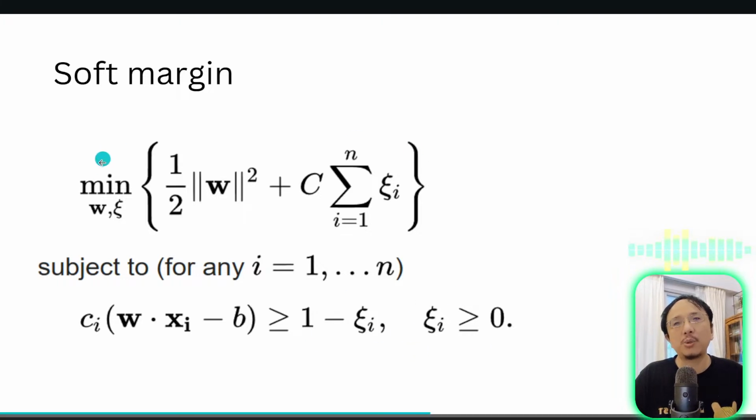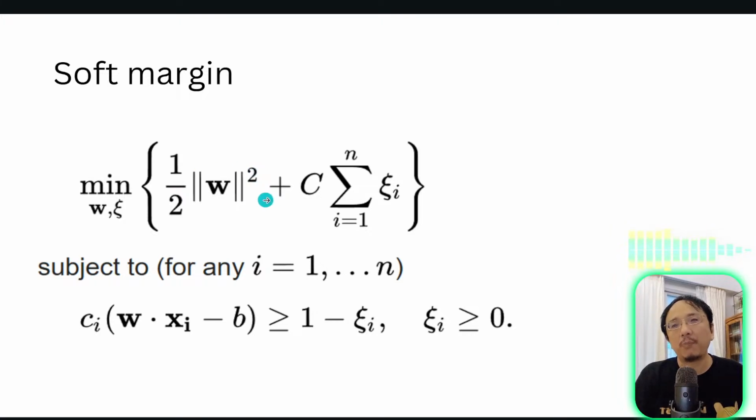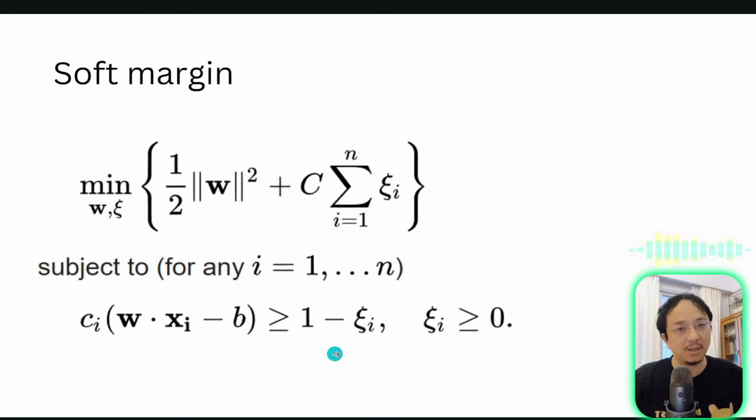So instead of minimizing the norm of W directly, we minimize this norm plus the penalties: if some samples do not follow the constraint strictly, that's okay, you just need to pay some penalty.